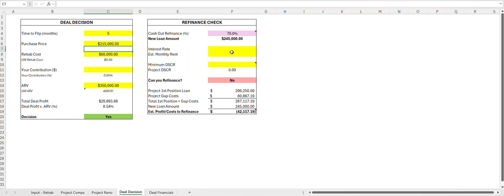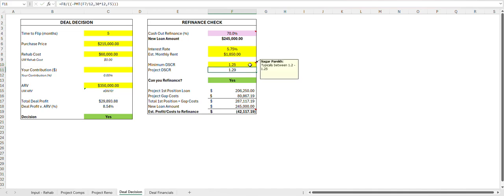Now we come over here for the refinance check. Again, we want to see if we can't sell the home, can we at least perform a refi? So enter in your refi. We had a little bit of a rate cut this past week, so about 5.75. I know we can rent it for $18.50, and the minimum DSCR for this lender is 1.25.